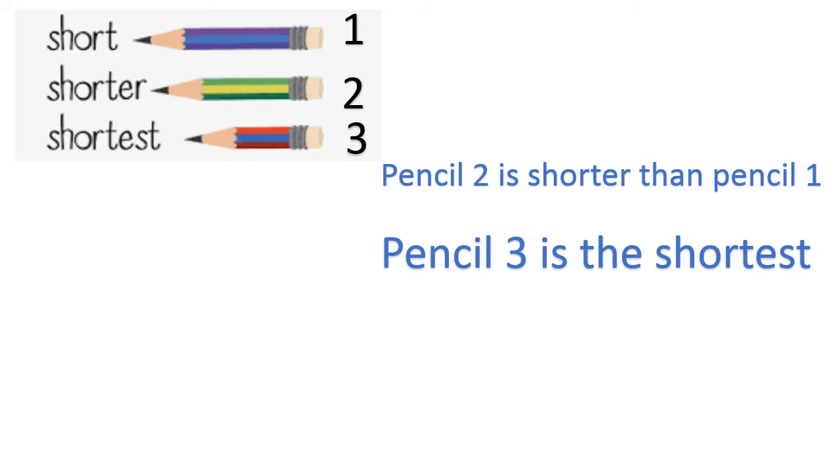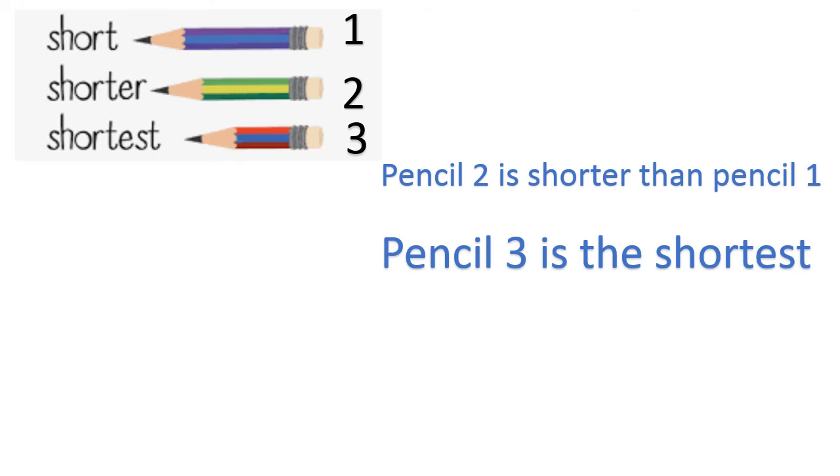Let's go to the next example. Here we have short, shorter, shortest. Look at number 2. Pencil number 2 is shorter than pencil number 1. What about pencil number 3? I think it is the shortest of all. Very good.